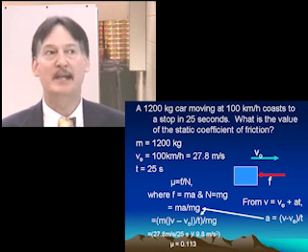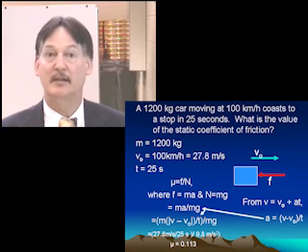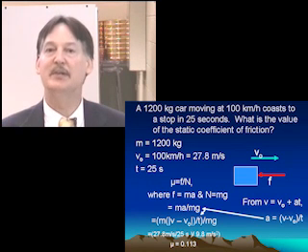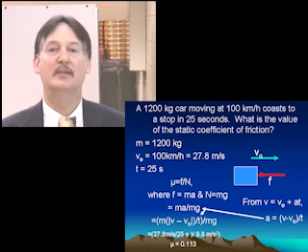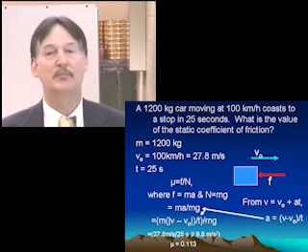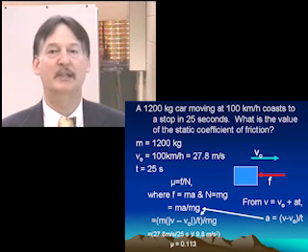Now remember that this mass m is obeying Newton's second law. Newton's second law says the net force is equal to mass times the acceleration. Well, the net force in this case is only the friction force acting against the velocity. So we substitute little f in for capital F, and we have little f equals ma. Okay? So we can then replace mu equals F over N. We can replace little f by ma.